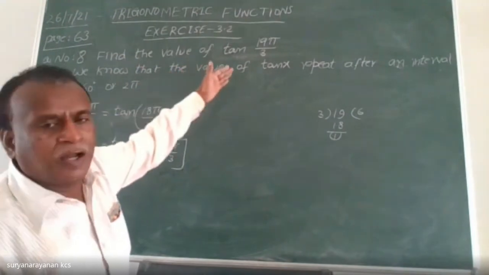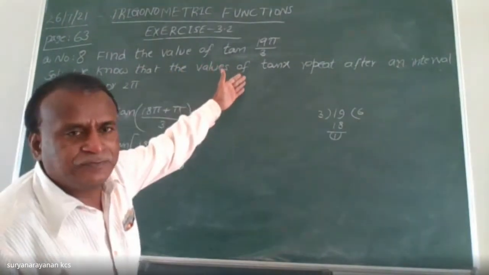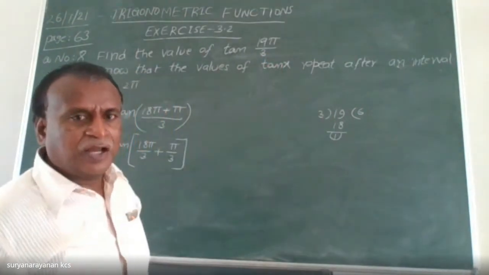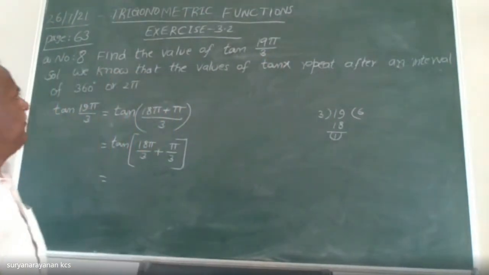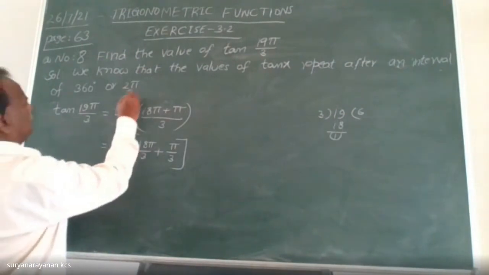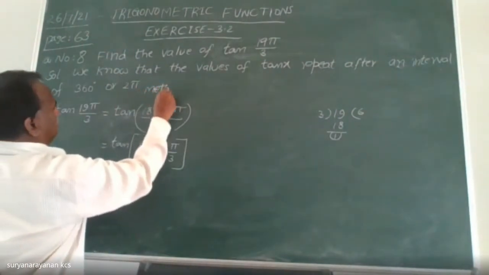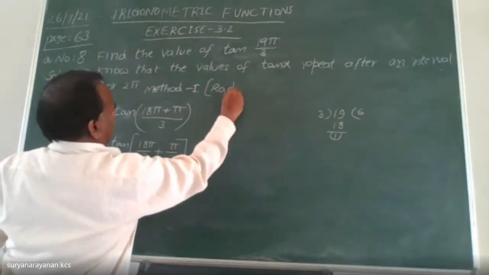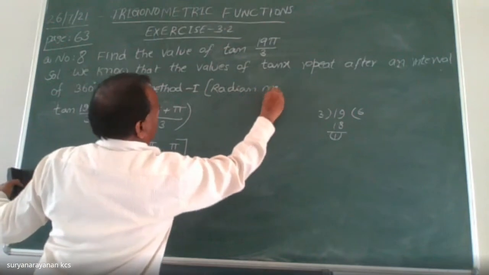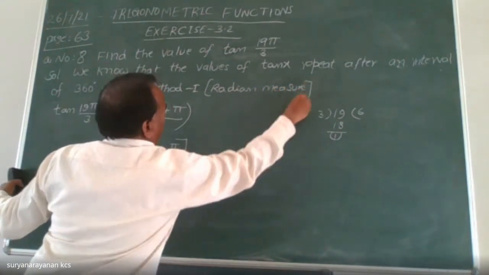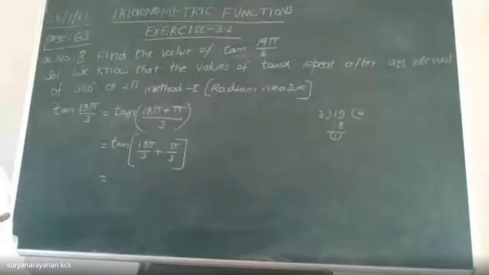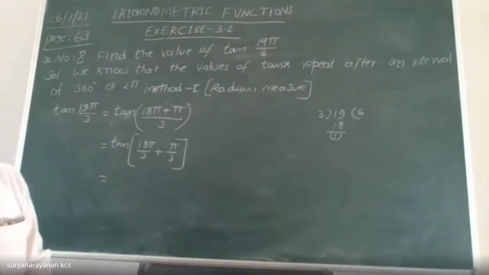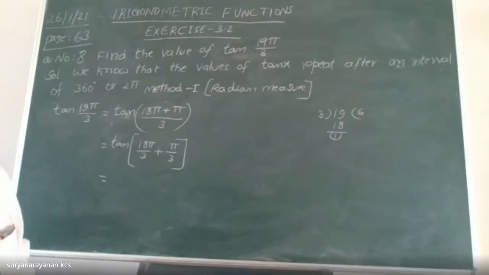But I am explaining this value by taking the radian measure as it is. We are following these steps.